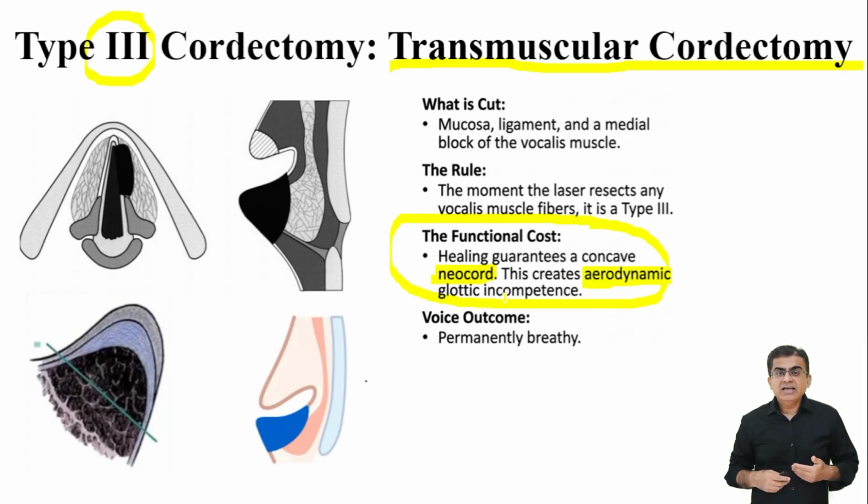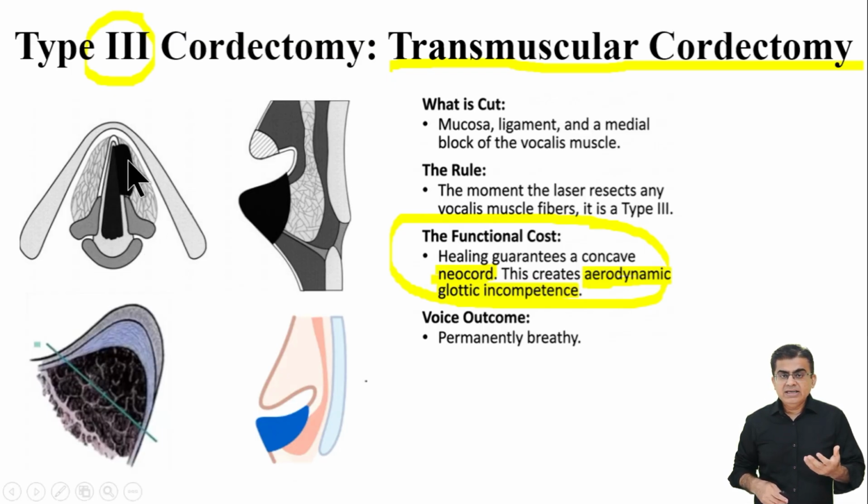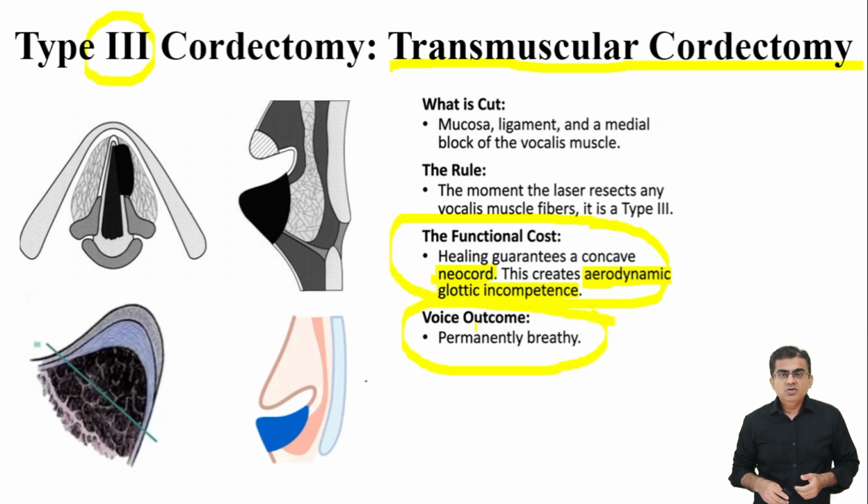Because air will continuously escape through this open gap during phonation, the patient will permanently have a breathy and hoarse voice. Therefore, you must strictly reserve this deeper resection only for tumors that have clearly invaded the muscle layer.